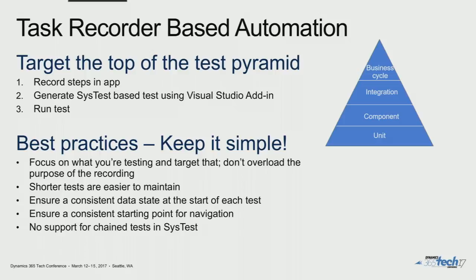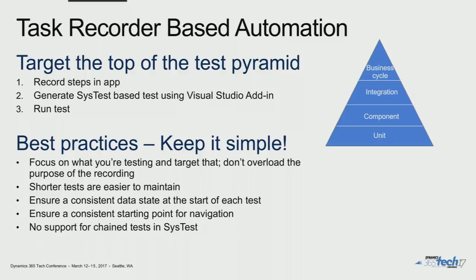Okay, so from a task recorder perspective, like we said, we target the top of the test pyramid. For functional regression automation, sys-test is where we're recommending at this point. But just because you can record a long test doesn't mean you should necessarily record a long test.